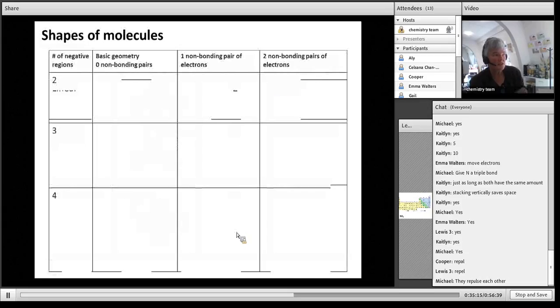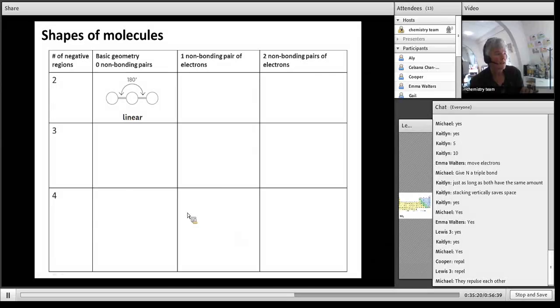Let's look at when we have non-bonding electrons as well. If I have no non-bonding electrons, only bonding ones, then it's what we saw before: linear, trigonal planar. So this is the number of regions of negative charge. But for trigonal planar, I can, say, remove this atom and have a lone pair of electrons here.